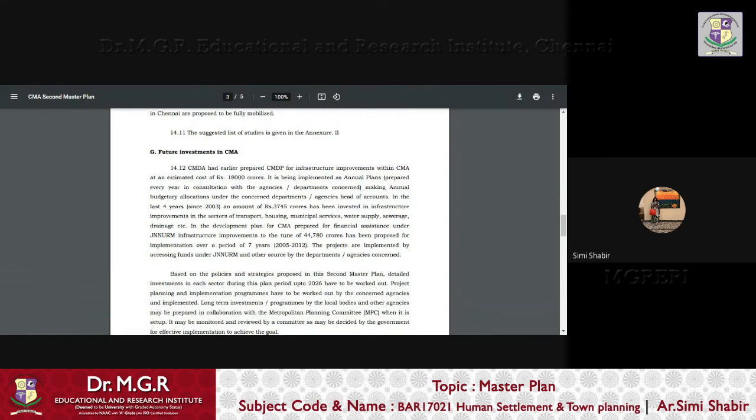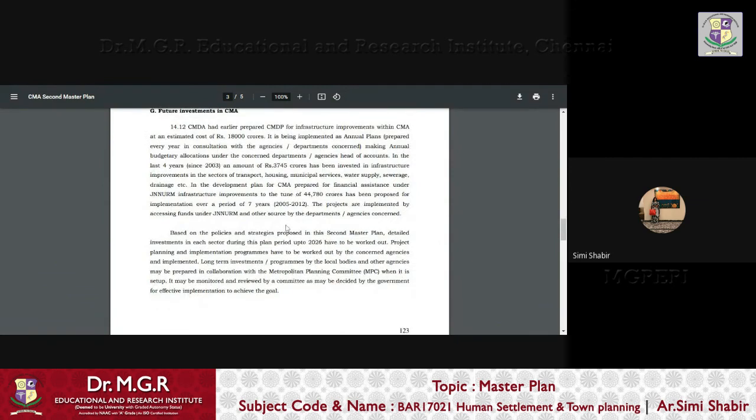The projects are implemented by accessing funds under the JNNURM and others sourced by the departments or agencies concerned.